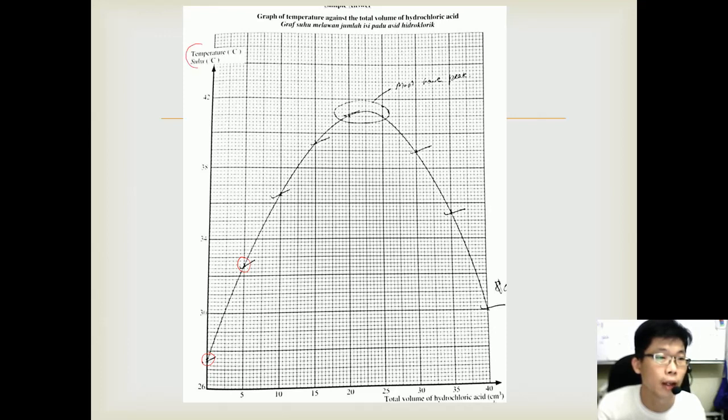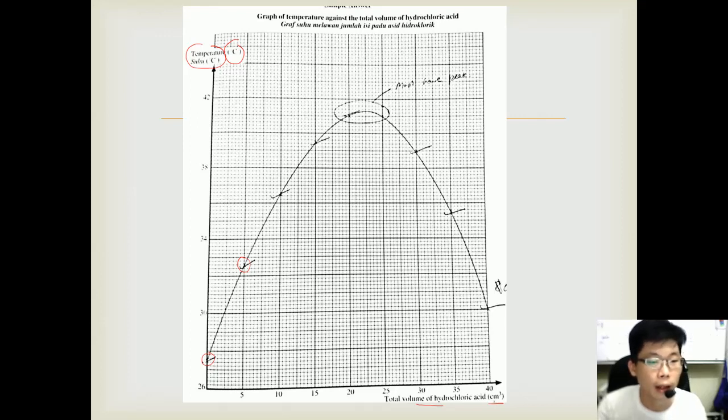Normally when the student wants to draw the graph, the first thing the student needs to check is the label with the unit given for the x-axis and the y-axis. If it is given already, the student just needs to plot the graph and then draw the graph like this. The student needs to be careful on the first point. Sometimes the first point will start from 0, so including 0, the student needs to plot the point as well.